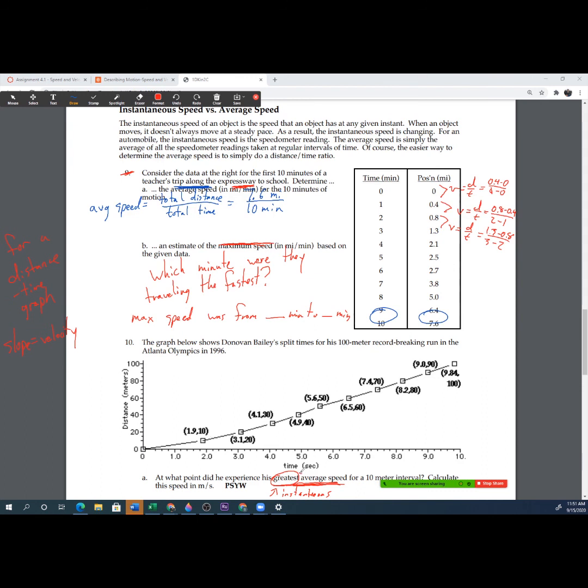So what you're looking for is the steepest or the biggest slope. And so you would need to find the slope of each line separately to figure out which one would be the biggest or the steepest. In class on Thursday, we're going to focus almost entirely on problems that look like this. This one is just to introduce you to the topic.